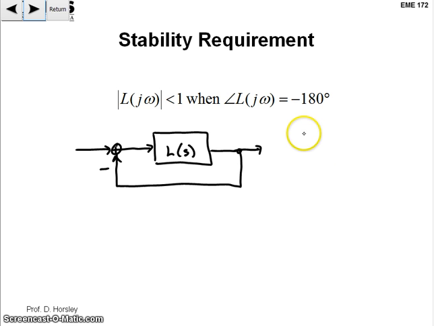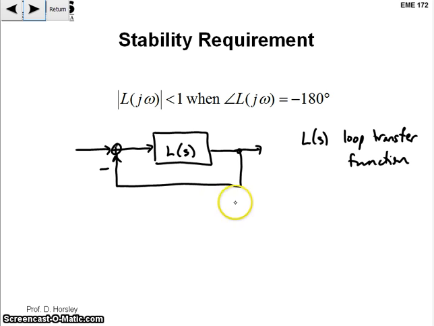So L of s here is what I'm calling the loop transfer function. L of s is all the transfer functions inside this feedback loop multiplied together. When we did the root locus, we called this F of s. I'm just using a different terminology here because this is consistent with what the book uses.